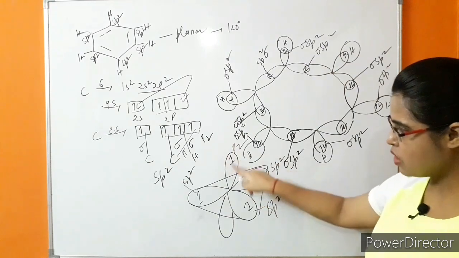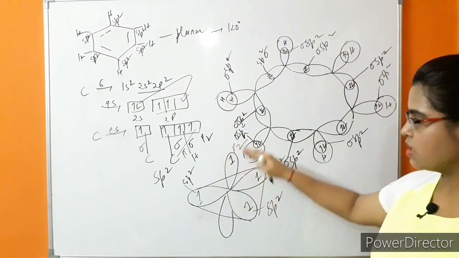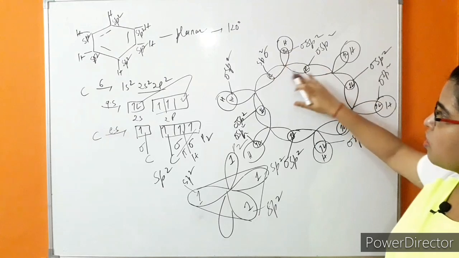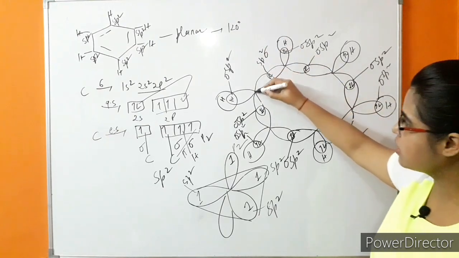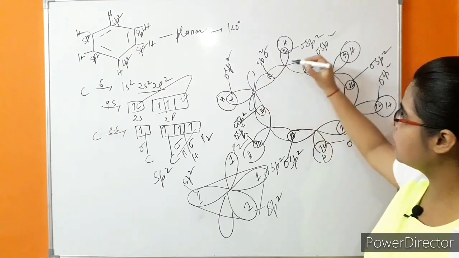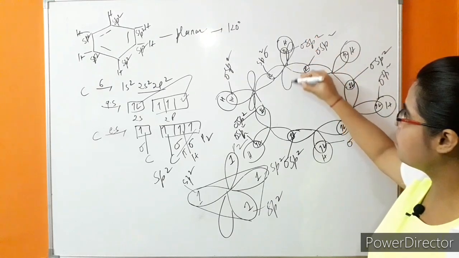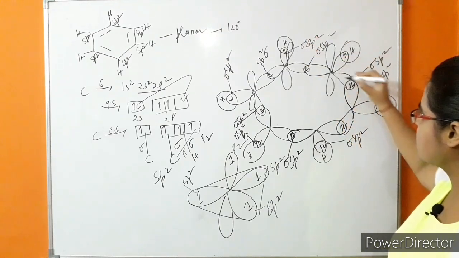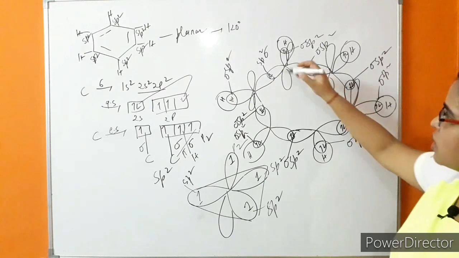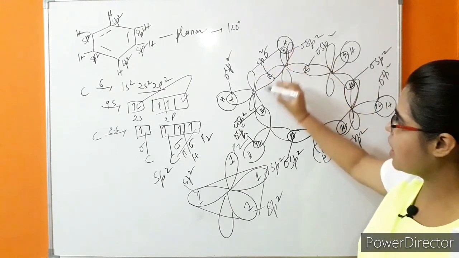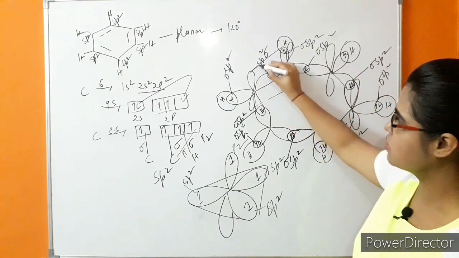Whereas this pz orbital is perpendicular to the plane of these orbitals. There is 1 pz orbital which is perpendicular to the plane of these orbitals. So there will be formation of a pi bond.